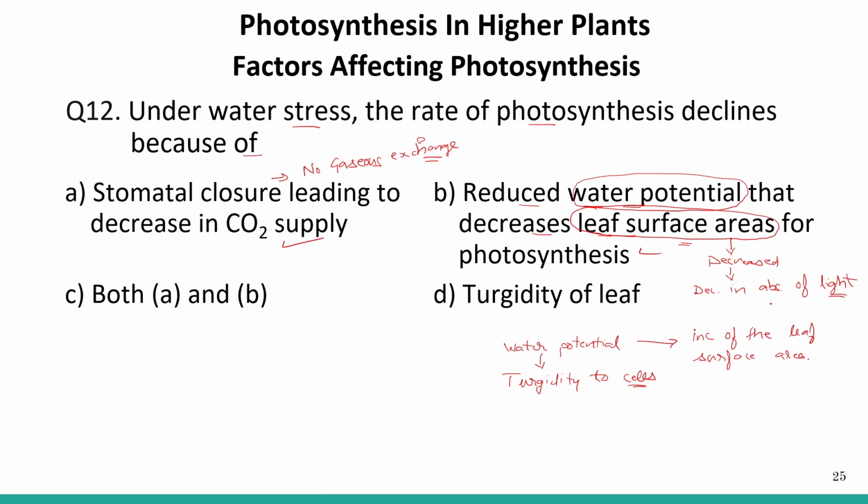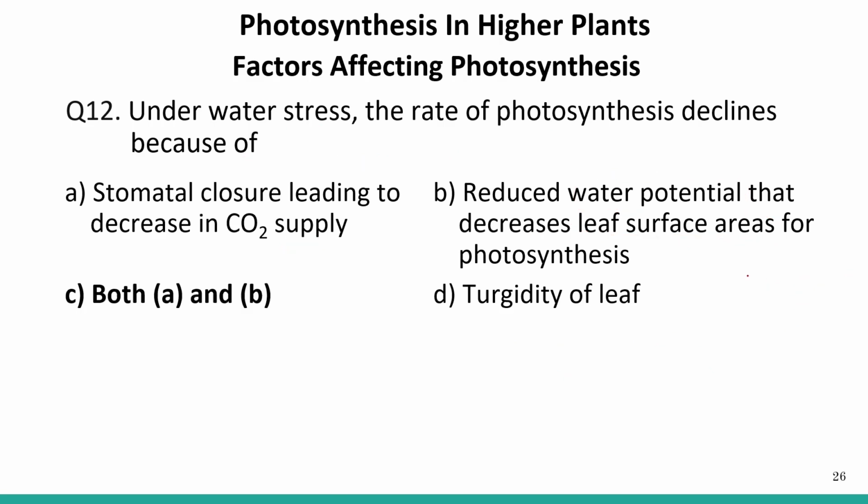And thus this will reduce the photosynthetic efficiency or photosynthetic yield. So answer is both A and B. Turgidity of the leaf is not important. Okay, this is not true.